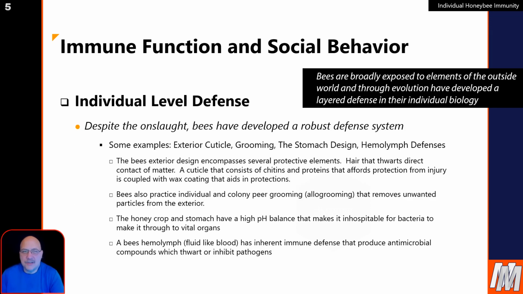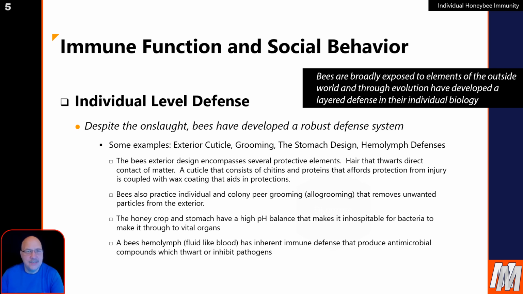To start the discussion, one of the things to recognize is we are quite fortunate that our individual honeybees have developed a defense system over millennia. They are exposed to just about everything you can be exposed to on the exterior of a hive, and they have developed defenses for it.